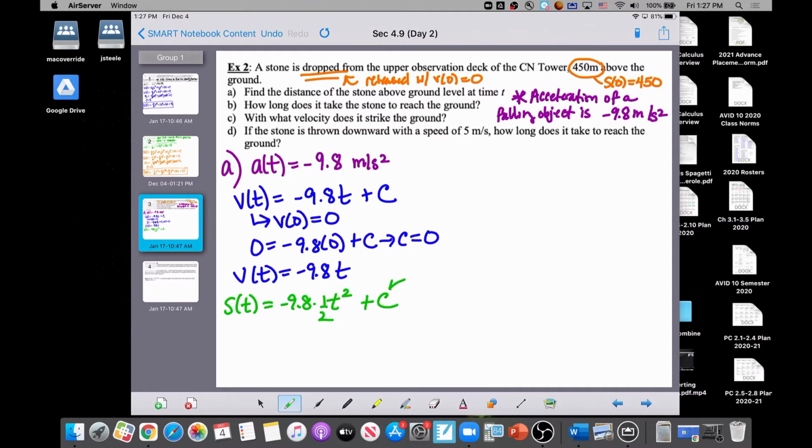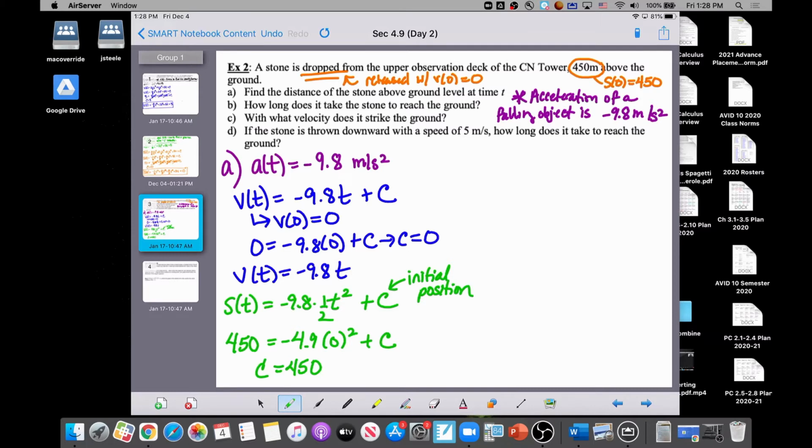And this c right here is our initial position, which we circled above in orange and said s of 0 is 450. So 450 is what we get when we plug in, with t equal to 0. Sorry, we're solving for c. So that tells us that c is 450.